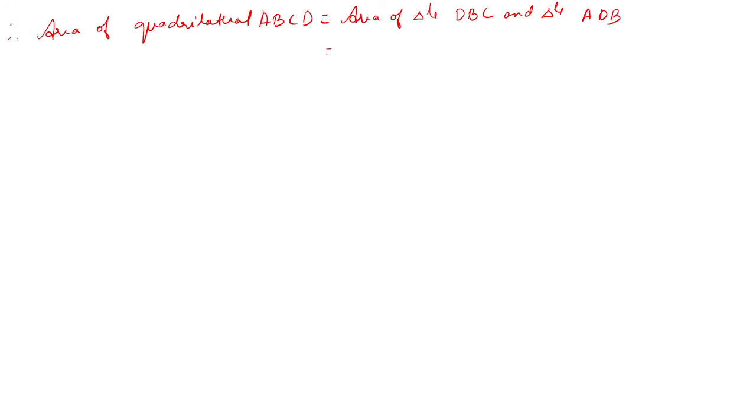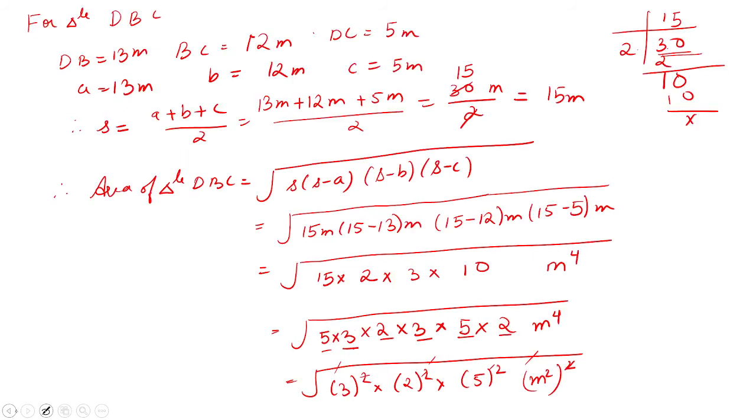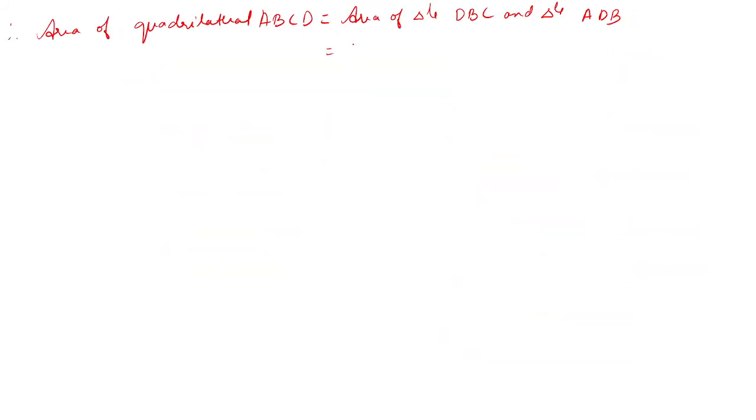Okay, so let's see, the area of DBC is how much? 30 meters square. So this is 30 meters square plus 35.5 meters square. So this will give you 65.5 meters square. Now this is the answer. Clear with this question?